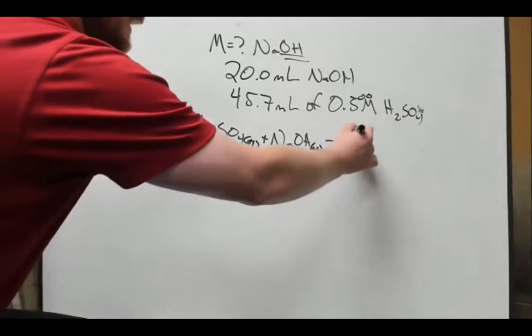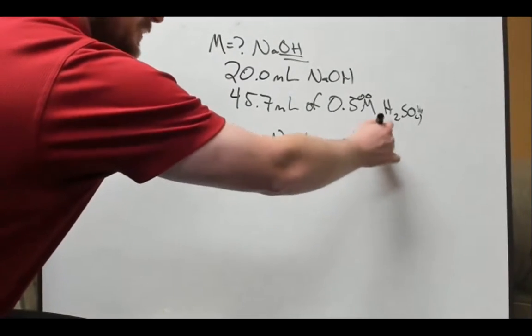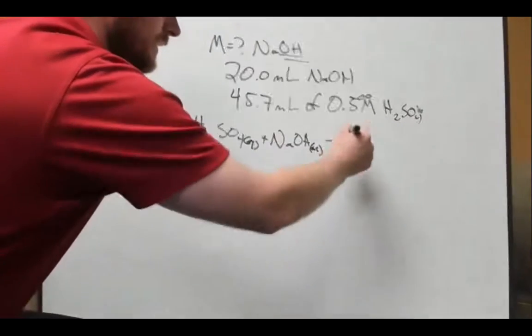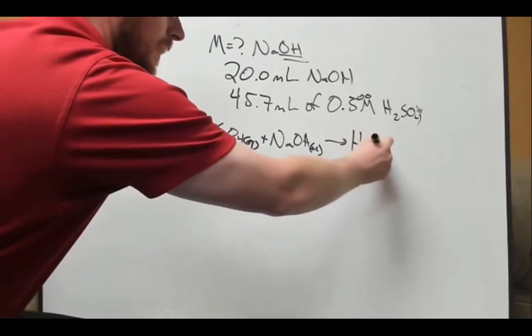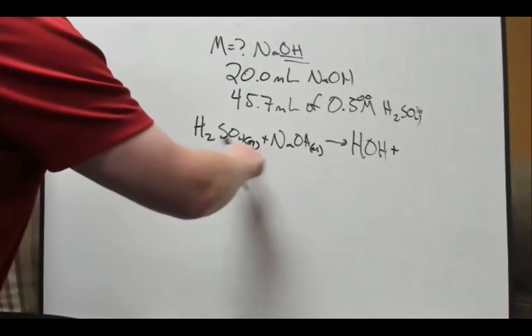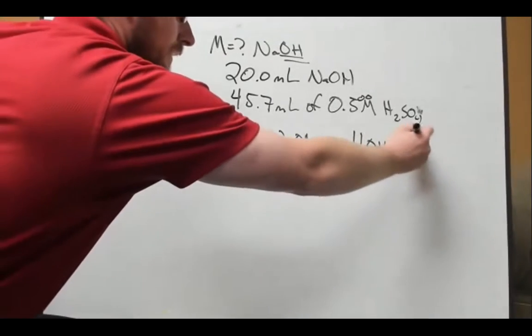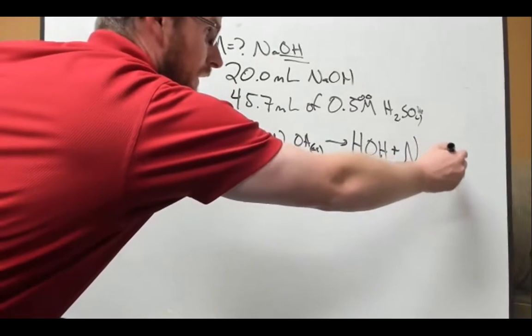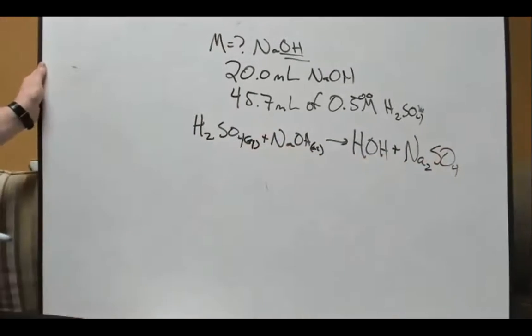Always. That's right, water, H2O, and like I said, I'm going to draw it like this, and you'll see why in a minute, plus we have sodium sulfate. Now, sulfate we know has a -2 charge, and so we need to have Na2SO4.